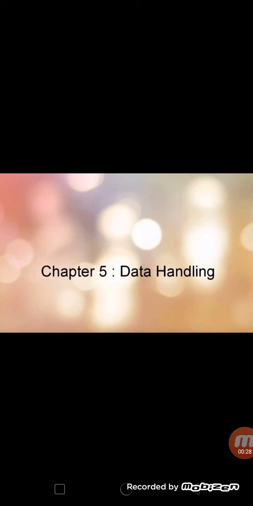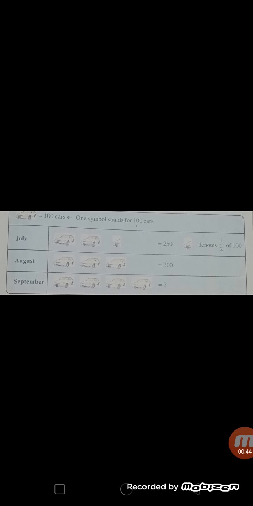Sometimes data is represented graphically to give a clear idea of what it represents. In your earlier classes, you have learned how to represent data using different types of graphs. Like this is pictograph, pictorial representation of data using symbols.